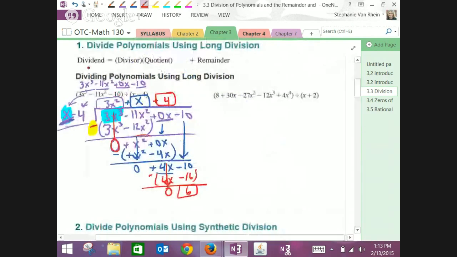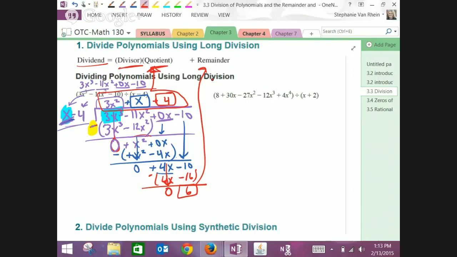So my dividend is my original function. My divisor and my quotient, this up here is going to be my quotient. This 3x squared plus x plus 4, that's my quotient. My remainder is then this 6.